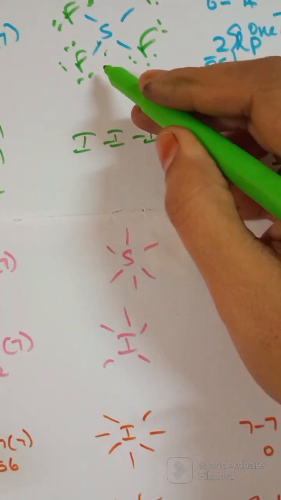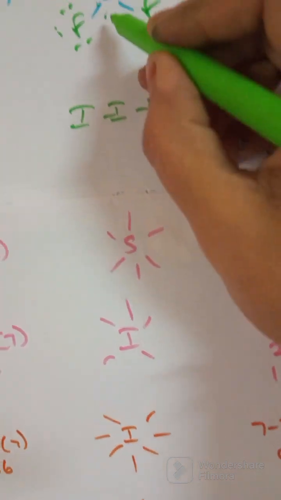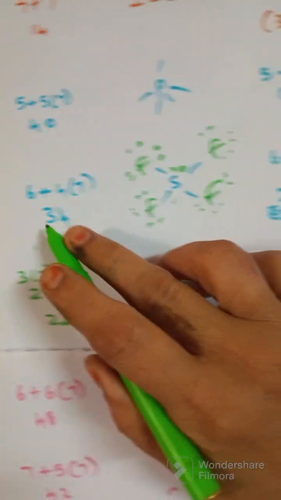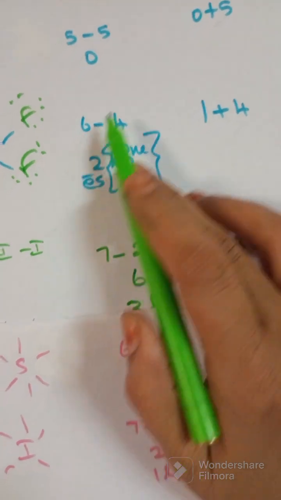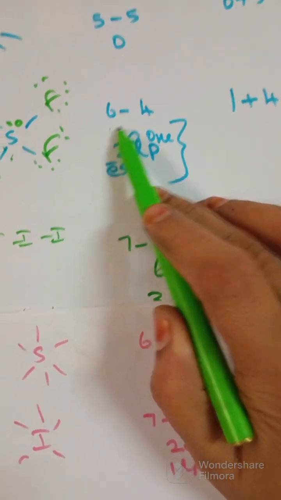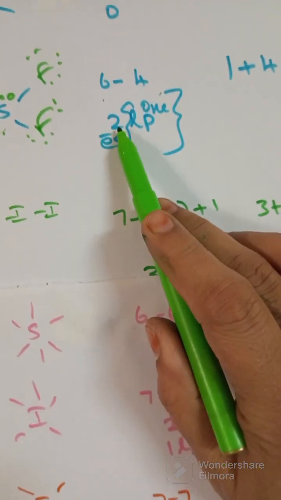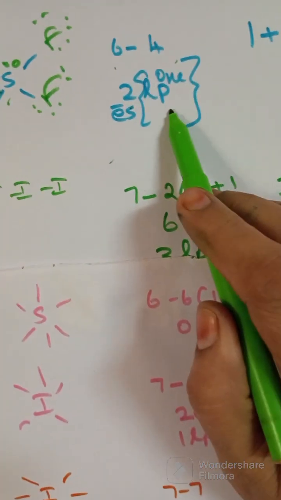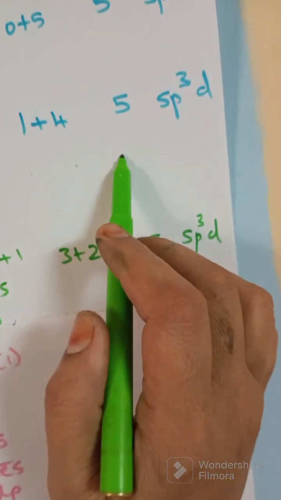So there are 32 that has come there, so there's 1 lone pair on sulfur. It should come to 34. So when you calculate lone pair, 6 minus 4 is 2. 2 electrons stands for 1 lone pair. So 1 plus 4 is 5. Hybridization is sp3d.